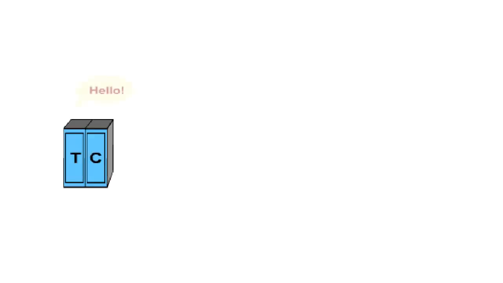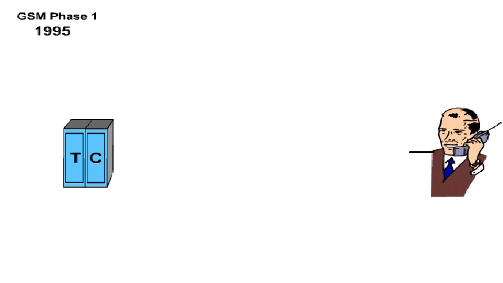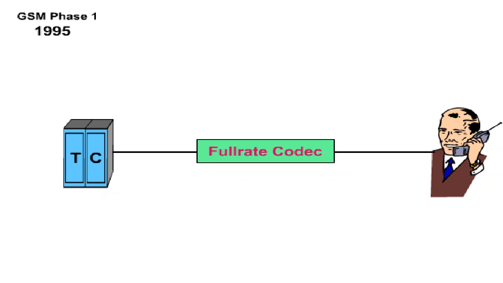Now let's turn to a procedure which takes the original speech and generates the speech description parameters in the TC. During the first phase of GSM, which lasted until 1995, a speech codec in the MS and in the transcoder was specified as the full-rate codec.